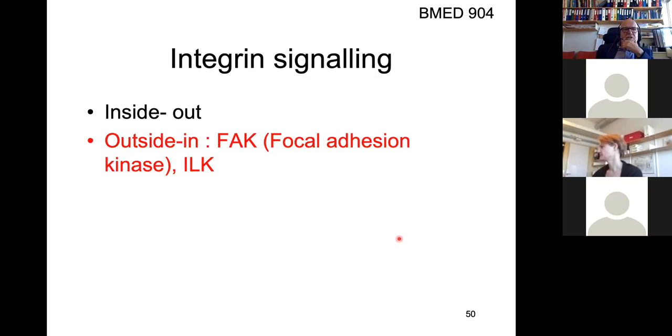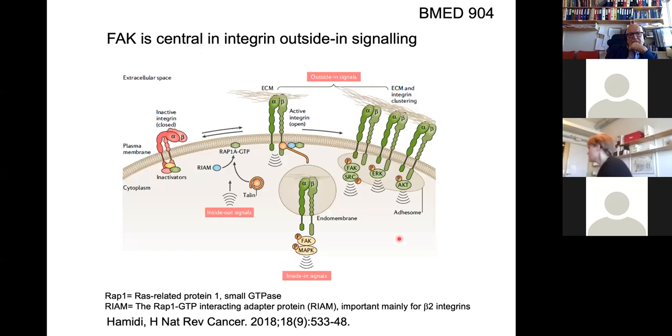And unlike tyrosine kinases, which have enzymatic activity, these short tails cannot have enzymatic activity. So the problem was solved when one found that integrins associate with a soluble tyrosine kinase called focal adhesion kinase. And this soluble tyrosine kinase can generate a lot of signals that go into the cells.